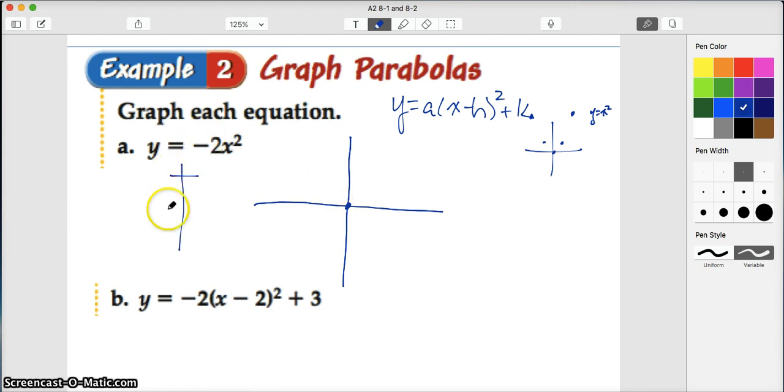We can go ahead and do an XY chart and just rock it that way. We only need to do 2 points on one side because we can reflect them over to the other. So if I plug in, let's say, 1 and 2, when I plug in 1, I get a negative 2. And when I plug in 2, I get a negative 8. And 0 is 0.